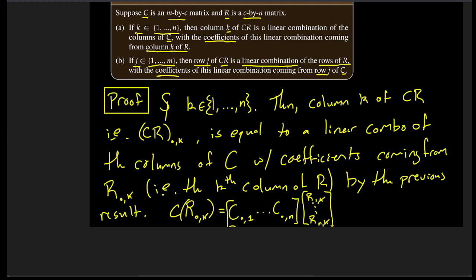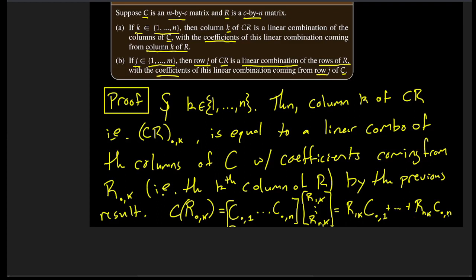But you go across and you go down, and hey, wouldn't you know it, this is just R1k C dot 1 plus all the way down to Rnk C dot n.